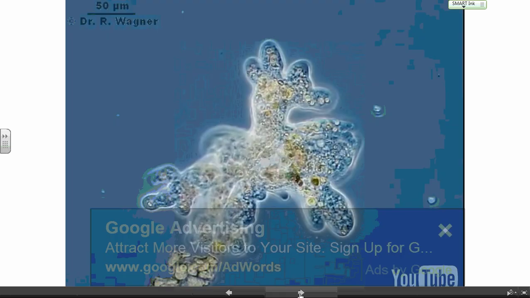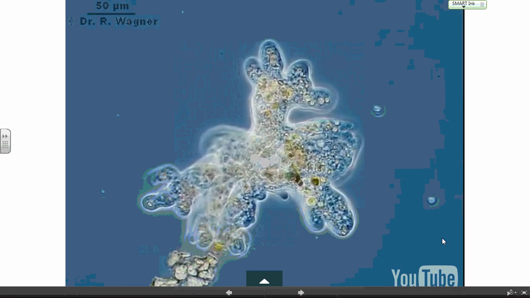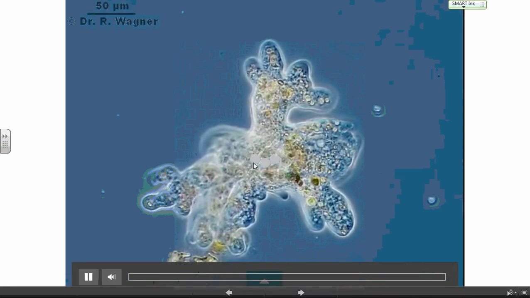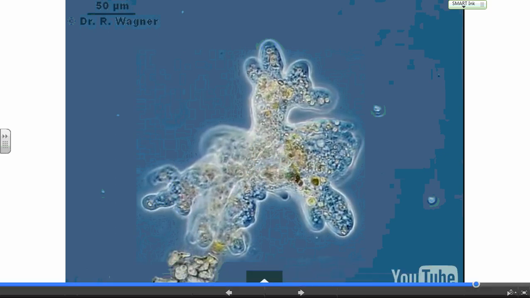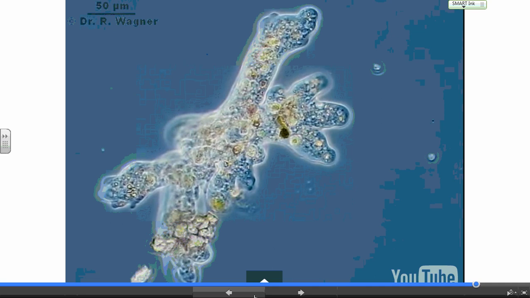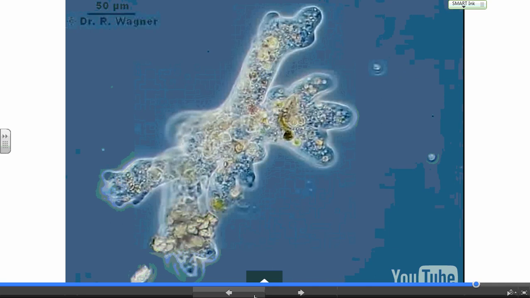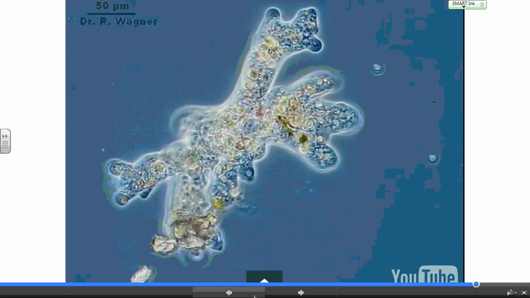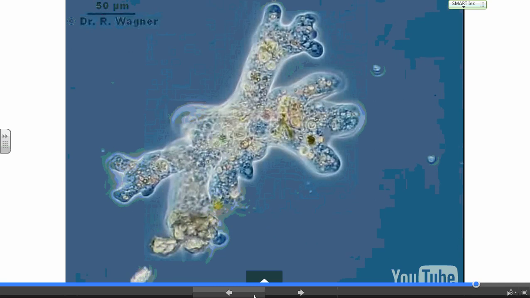And the very last thing that I want to show you, this is an amoeba. And let's get this video going. I'll let you watch it flow, and we'll call it a day. So now you can see how the amoeba is flowing, and these little extensions of its cytoplasm are what? Pseudopods, and it is sort of flowing toward those pseudopods.